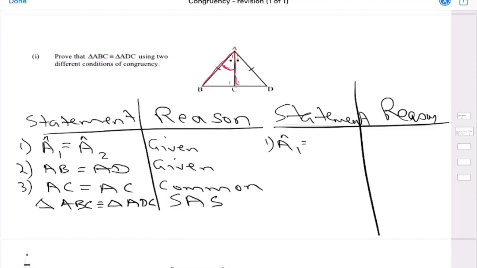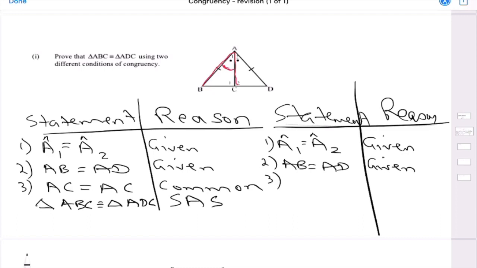Angle A1 is equal to angle A2. Now that is given. Then, maybe before I go to the angle, let's look at the side AB. The side AB is equal to the side AD. Once again, that is given.